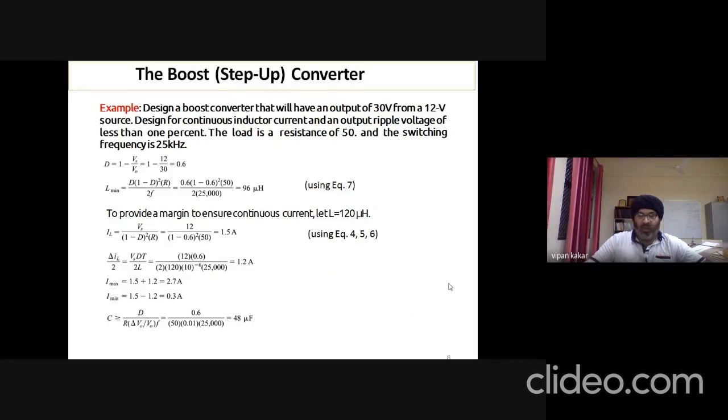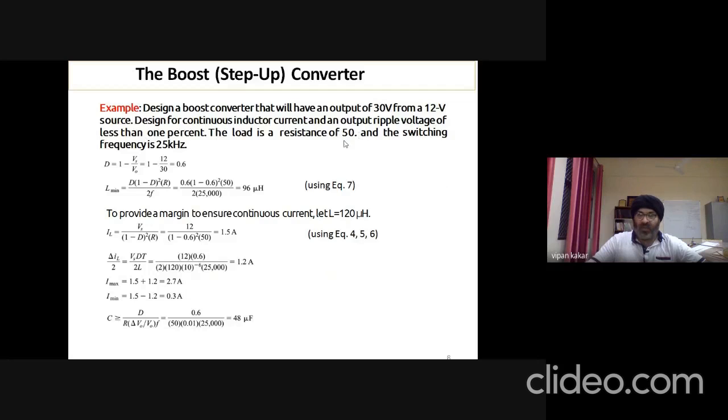Before going into the practical aspects of the boost converter for discontinuous mode of conduction, let's go for one example. Design a boost converter having an output of 30 volts from 12 volts. So the input voltage is 12 volts, and the output voltage is 30 volts. We need to design this circuit for continuous conduction mode, with an output ripple voltage of less than 1%.